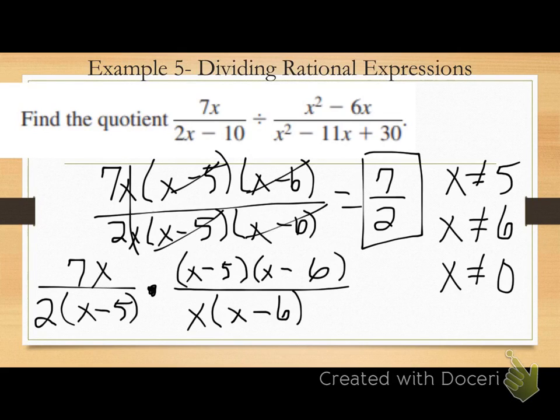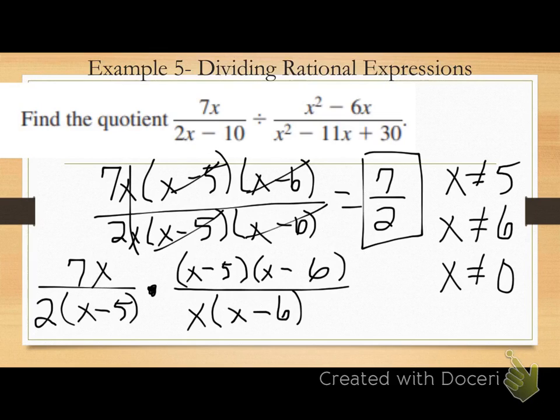Any questions on that? If I plug in 5, I get 0 in my denominator, because 5 minus 5 gives me 0. If I plug in 6, 6 minus 6 gives me 0. If I plug 0 in for x, 2 times 0 is 0. 0 times everything would give me 0.